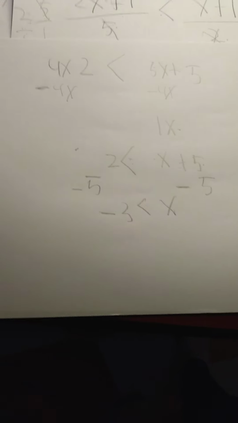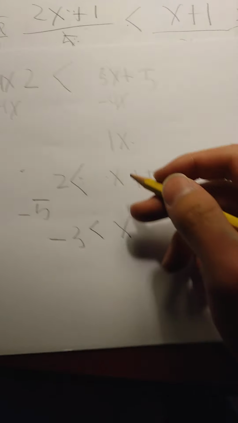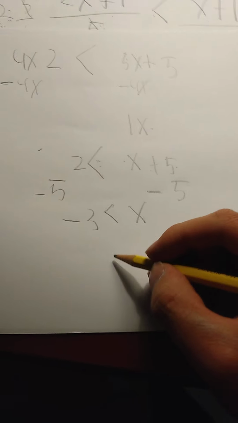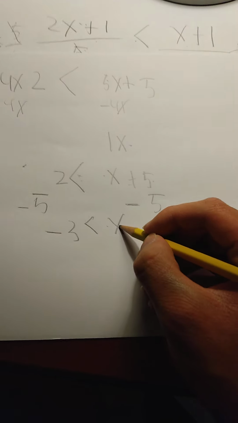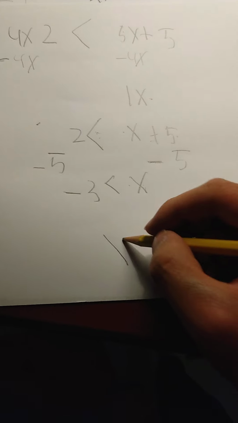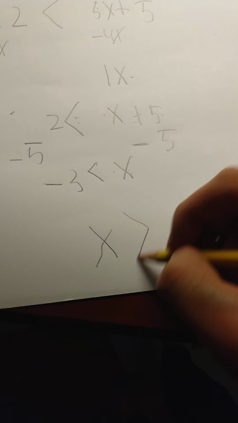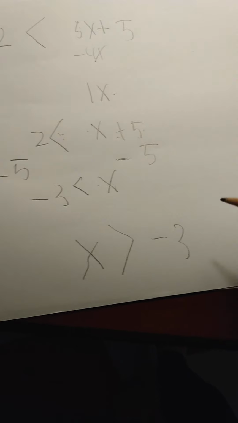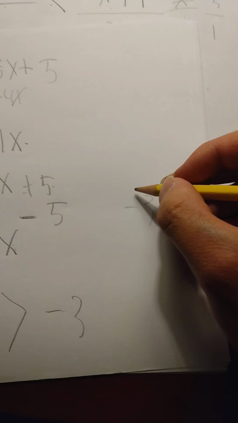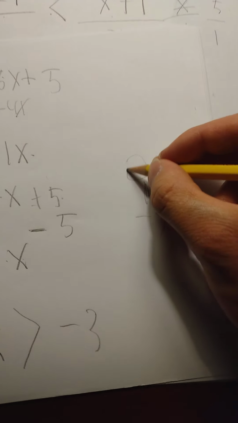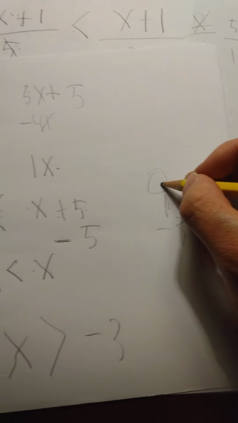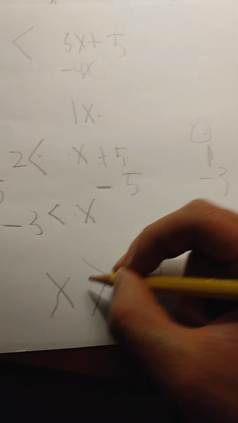We can't do any dividing because x is already alone. A lot of math teachers try to make it easier, saying it should be flipped because x should be on the left side. So x is going to be greater than negative 3. Here is negative 3 here, and here's the open bubble because it's less than, not less than or equal to.